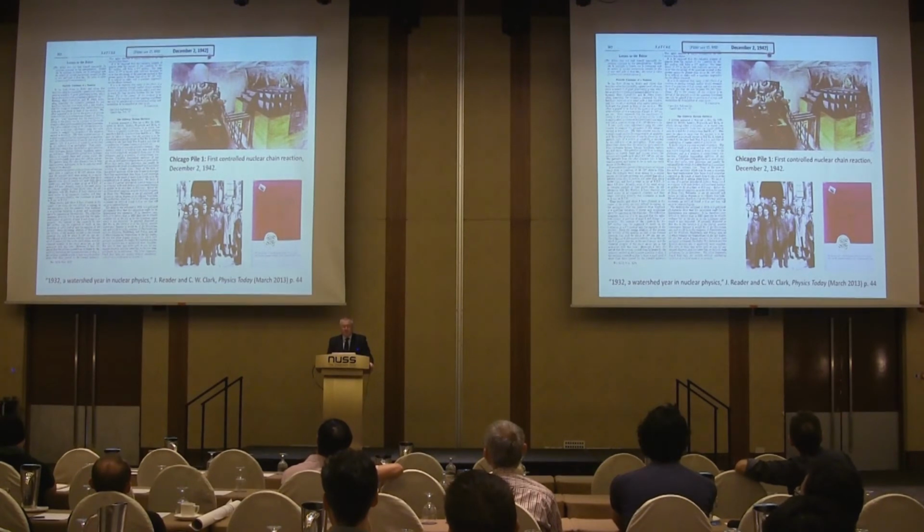In December 1942, not 11 years later, this thing that Chadwick reported, which was unknown previously, had no known applications, an act of pure basic research, had been shown to realize the most powerful source of energy ever seen in this working nuclear reactor constructed by Enrico Fermi and his team at the University of Chicago.